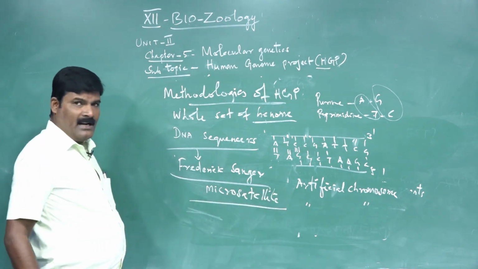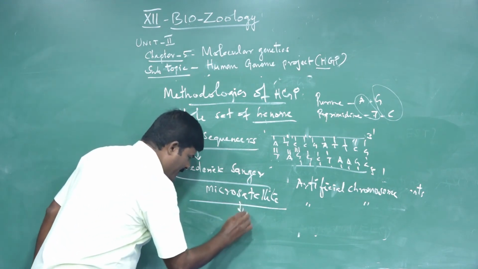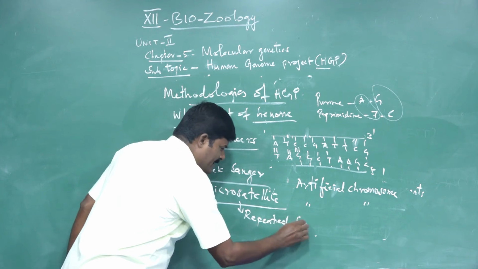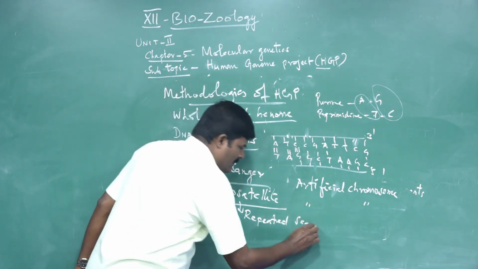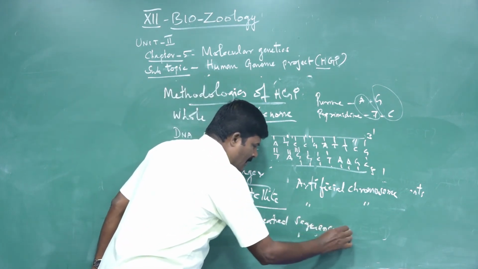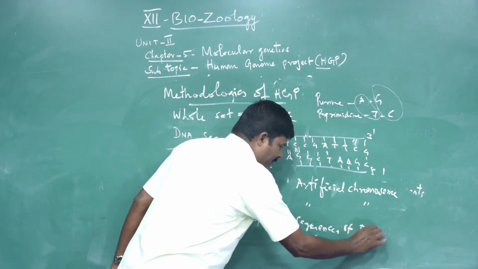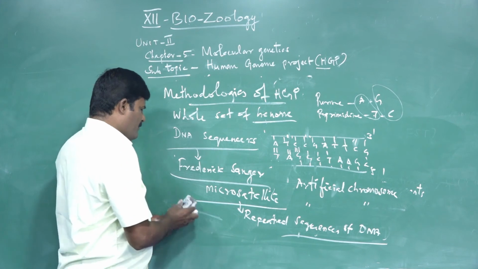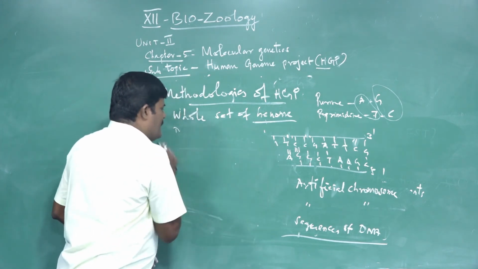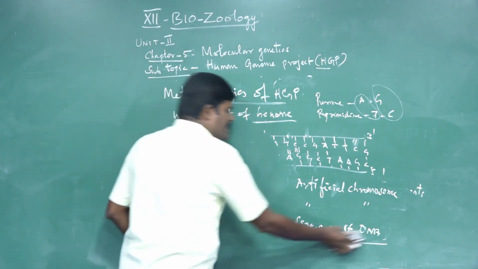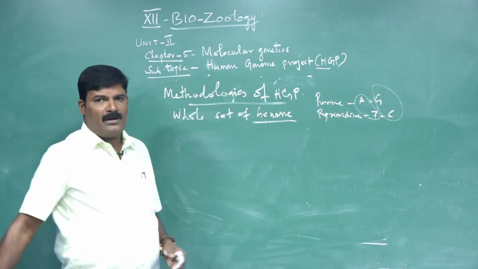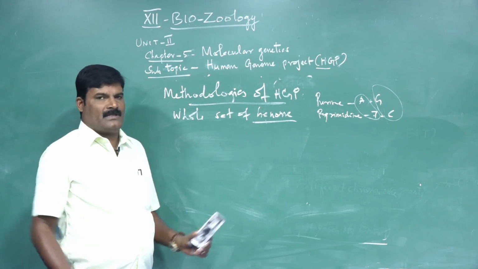What is a microsatellite? A repeated sequence of DNA. This is called a microsatellite. Here, this sequencer is used to identify the total number of the genome, total genomes.